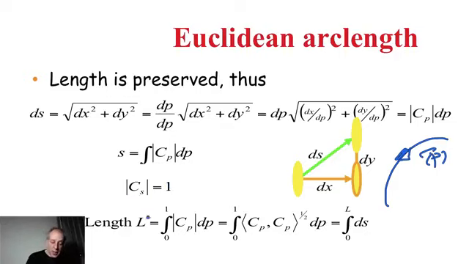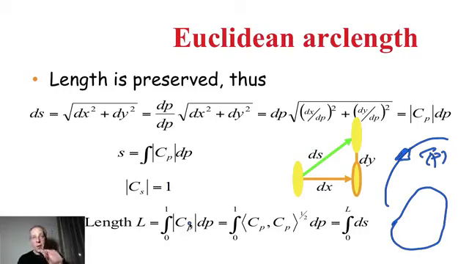And then the total distance of a curve is the integral from p equals 0 to p equals 1 of Cp dp. This is the definition of the length. If you replace, what we have here is the integral of ds from 0 to the length. So when you're parametrizing by s, you're not going from 0 to 1, you're going from 0 to the length.